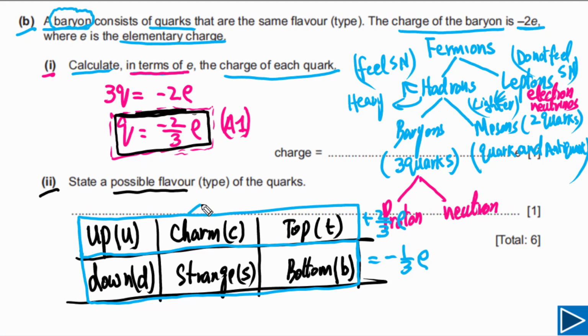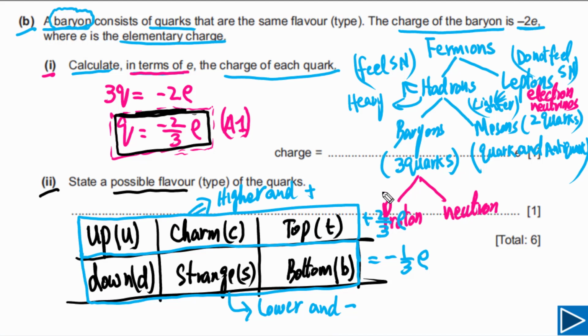That's the reason the magnitude of charge on these quarks is higher and positive. In the bottom row, down, strange, doesn't sound good, bottom is also lower. So all these quarks have a lower magnitude of charge, and the charge is negative. This is one way you can remember.